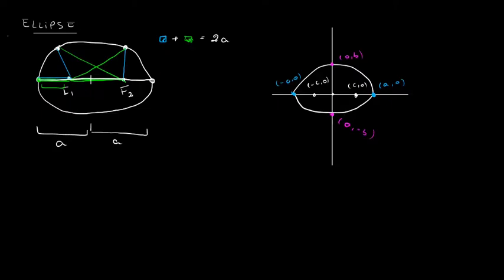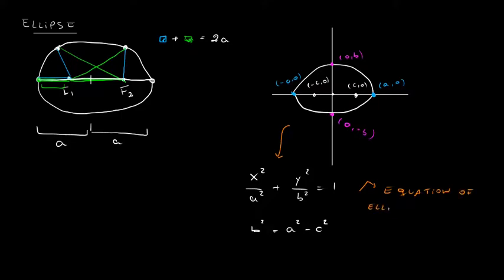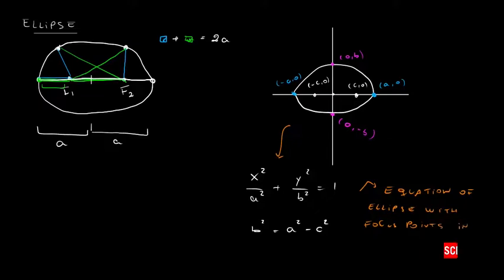In another video we derived the formula for the ellipse and it was x squared over a squared plus y squared over b squared equal to 1, where b squared equals a squared minus c squared. This is the equation of an ellipse with focus points in (minus c, 0) and (c, 0) and centered in the origin.